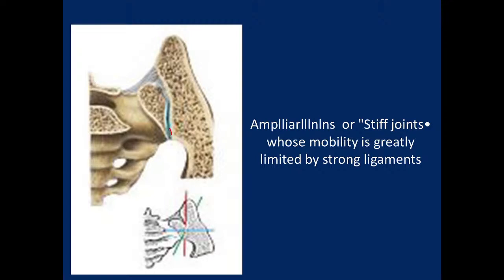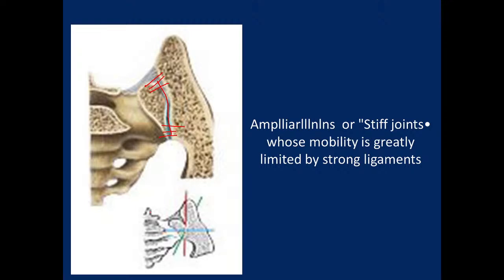You see this type of joint between the sacrum and one of the hip bones, and it is plane, but a lot of ligaments inside stop movement and fix the bones strongly together.